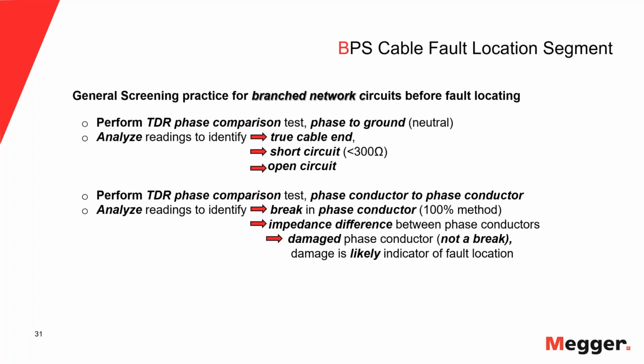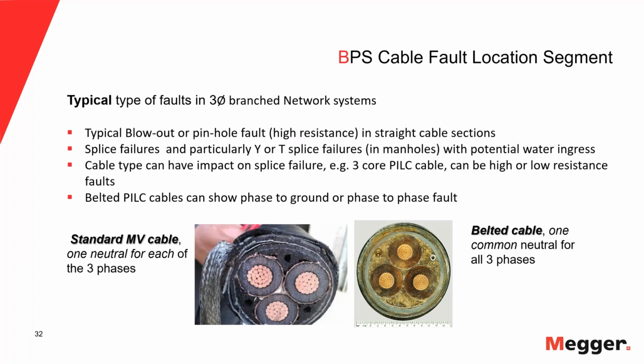Okay, so all right. So now, what are the typical faults in these systems? Typical is a blowout fault, pinhole fault, high resistance fault, which happens typically in the straight sections between manholes. And then you can also have obviously splice failures in the manholes, at the Y splices, at the T splices.